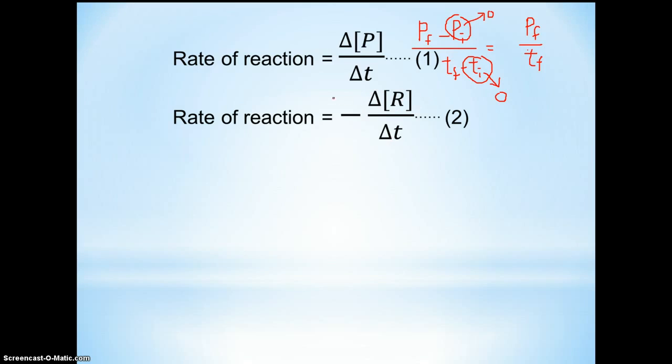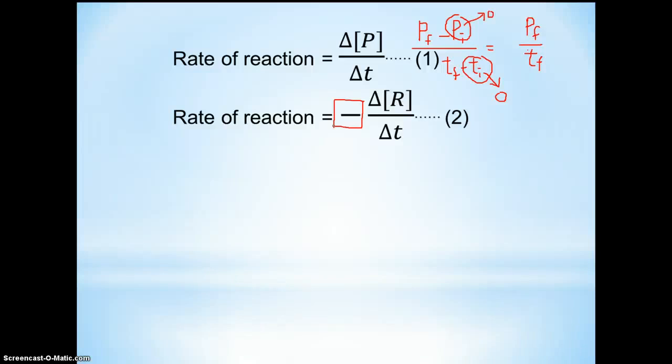But this time, we have added a negative sign. Why do we have to add a negative sign? Simply because when we are looking at the change of reactant, you will notice that after some time, when the reaction is finished, the concentration of the reactant will become 0 at the end.